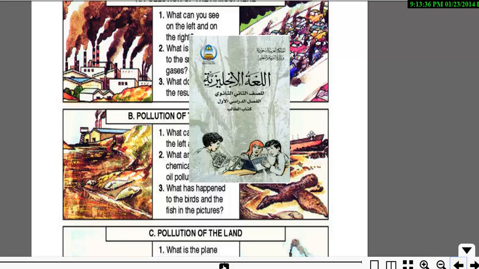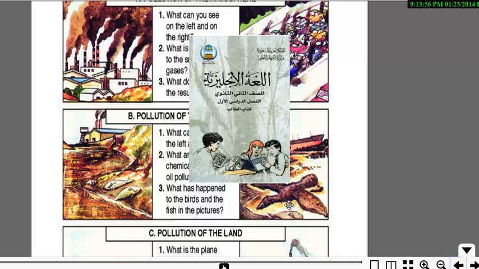I'm not so sure what else is in the picture. But question 2 says, what are the chemicals in the oil polluting? Okay, they're actually polluting the organisms living here, such as fish.